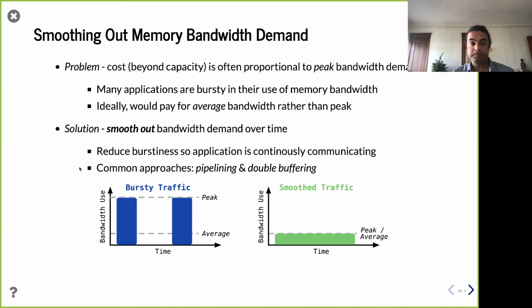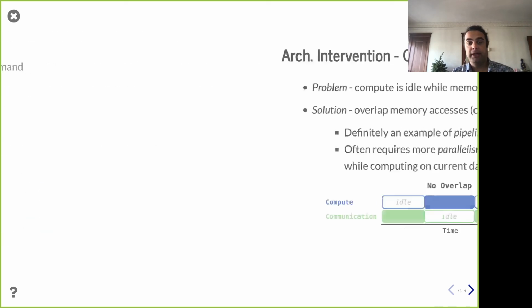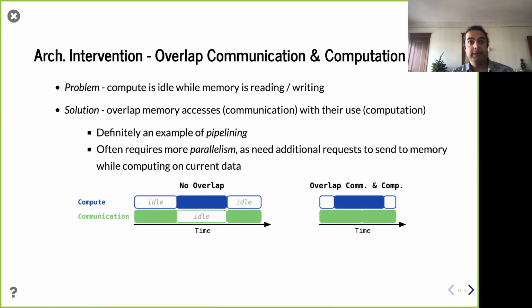To smooth out memory bandwidth demand, there are two common approaches: pipelining and double buffering. So let's go ahead and talk about those. For pipelining, one easy way to do it is what I call overlapping communication and computation.